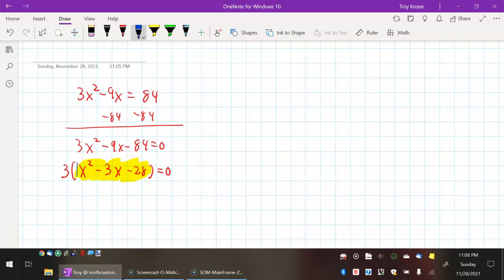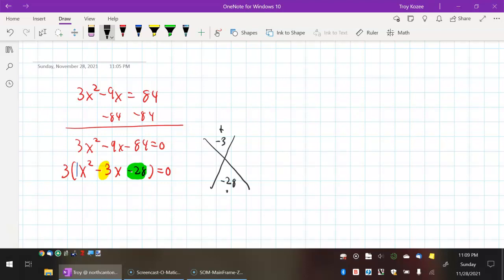And if you remember, when you factor a trinomial where the leading coefficient is 1, you want to find the factors of this number that add up to this number. Remember that this is a diamond puzzle where I want two numbers that multiply to be negative 28 and add up to be negative 3.